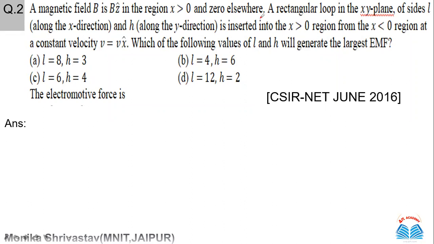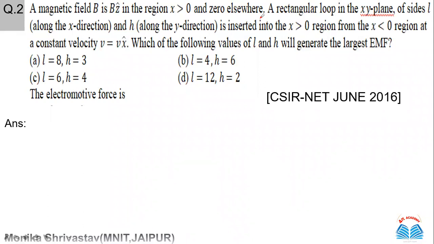Okay, magnetic field in the z direction. A rectangular loop in the xy plane of sides L, along the x direction, and H is inserted into the x greater than 0 region from the x less than 0 region at a constant velocity v equals vx cap.